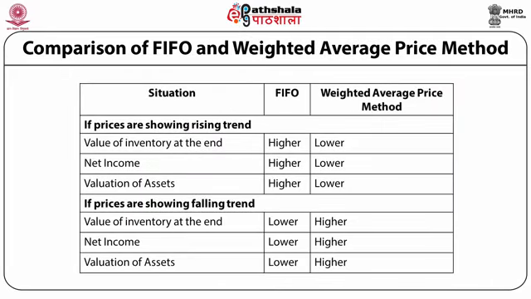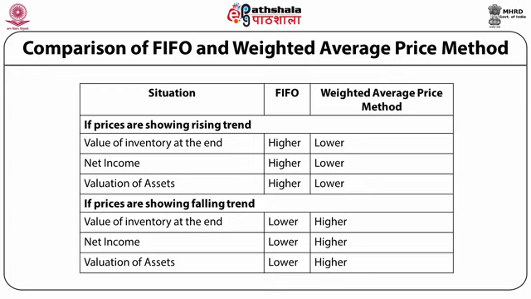Comparison of FIFO and weighted average price method is shown with the help of the table. Table shows two situations. First situation, if prices are showing a rising trend, and second situation, if prices are showing a falling trend.